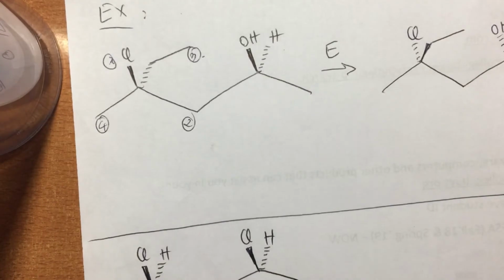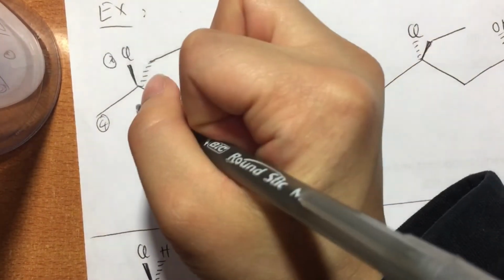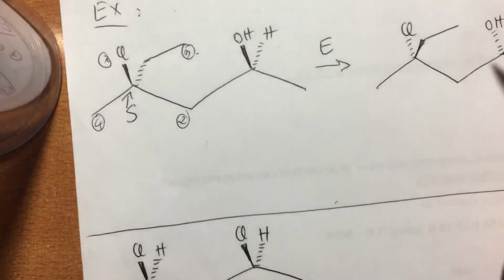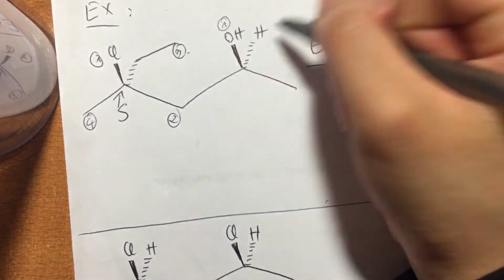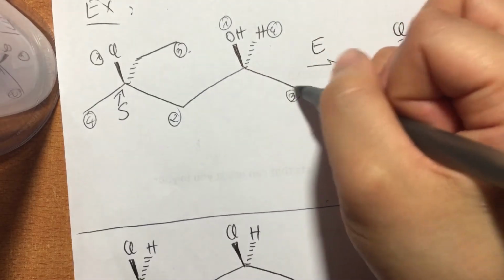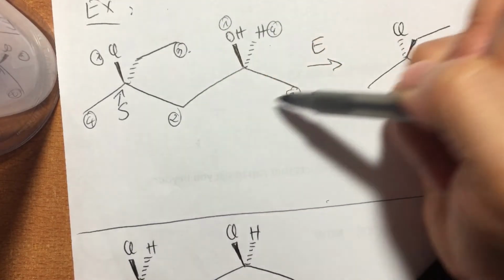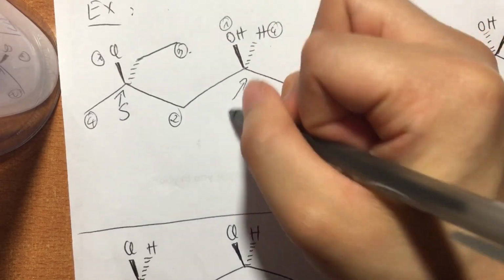If I imagine myself standing on this, I have 1, 2, 3 going counterclockwise. This is an S configuration. And also I have this one: this is 1, this is 4, this is 2, and this is 3. So I see 1, 2, 3 counterclockwise, so this is also an S configuration.